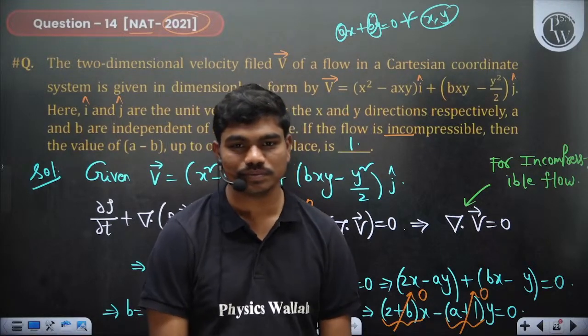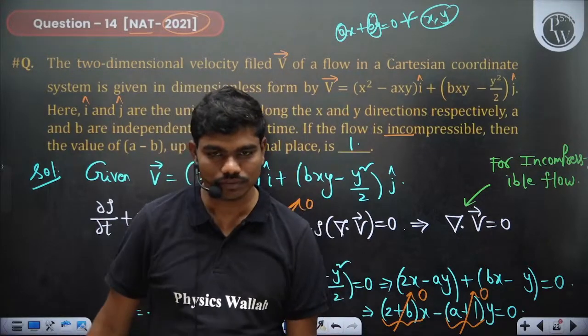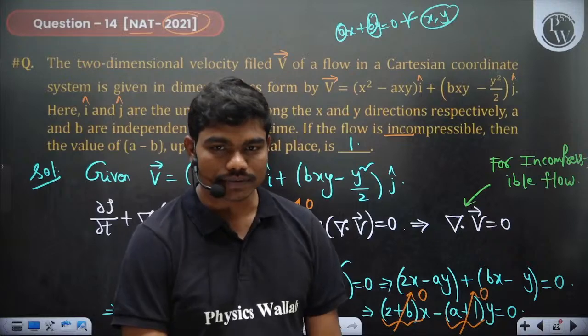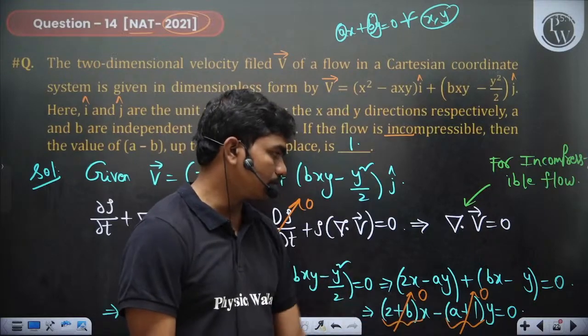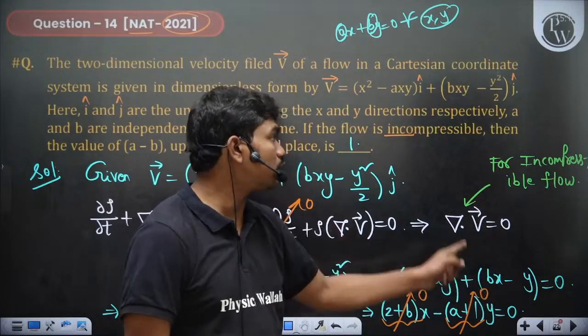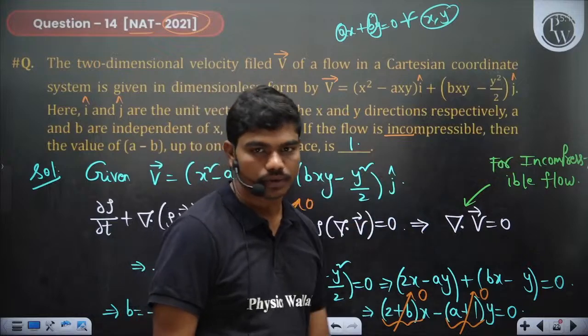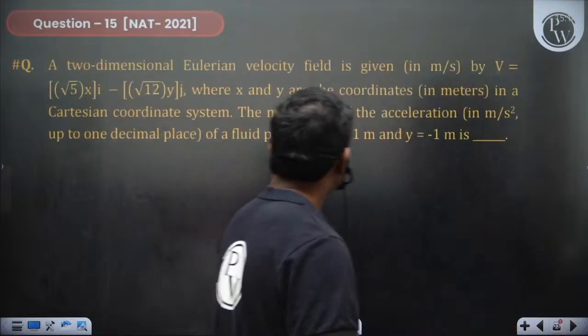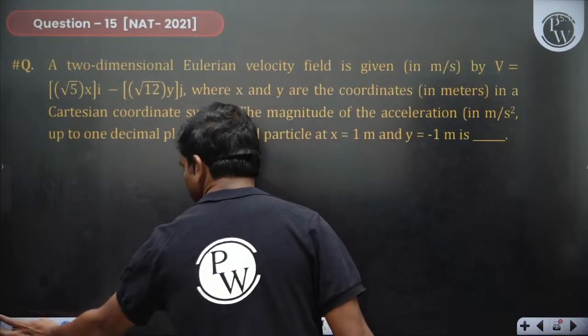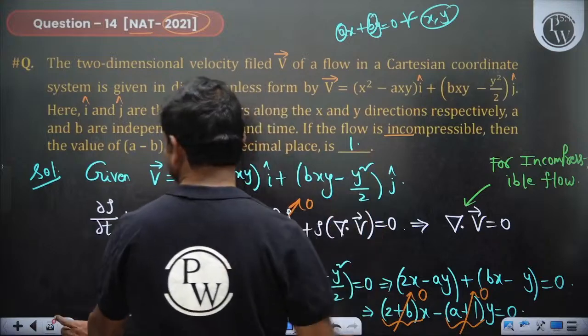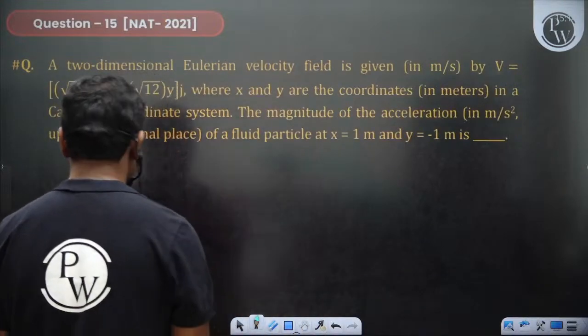Simple question, no? That's all. It should be a plus 1, right? Yeah, it should be a plus 1, because there should be only minus 1, as there is a 2 in the denominator here. So it should be 1. 1 is the answer. Next, 15th question.